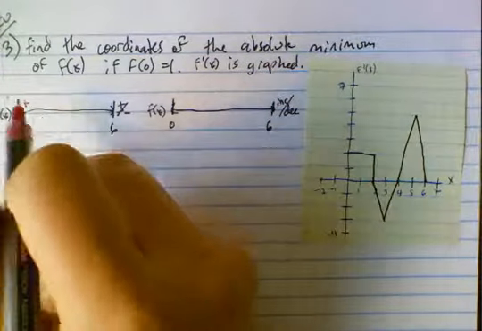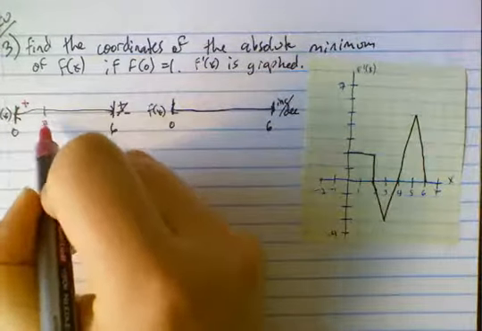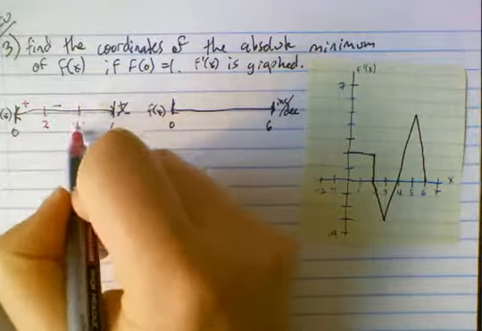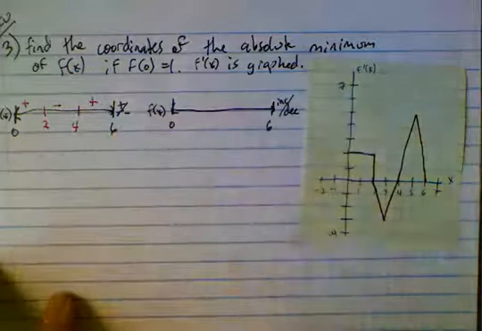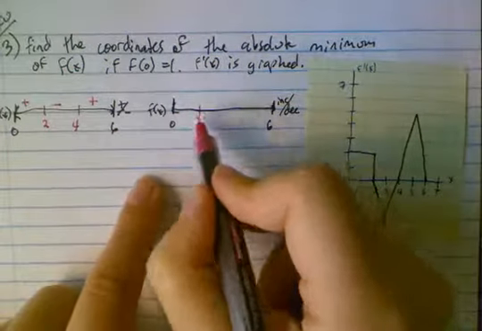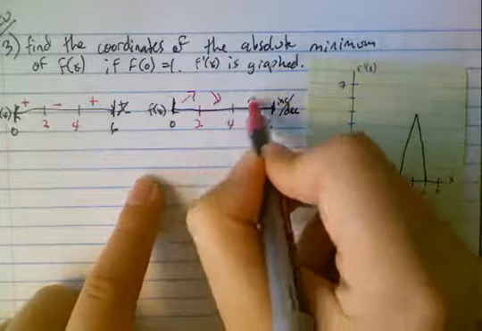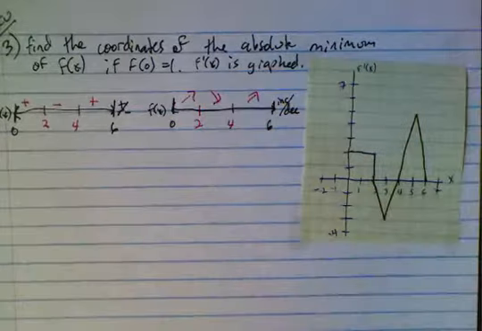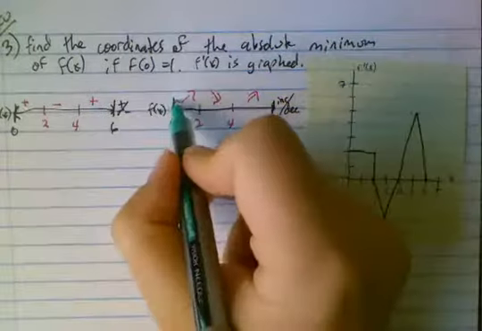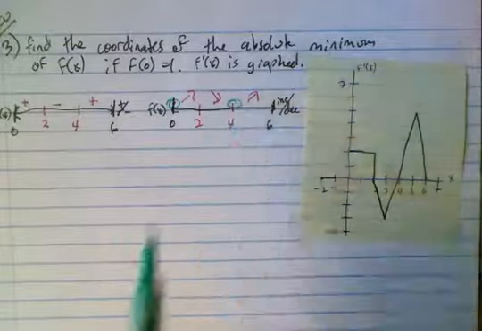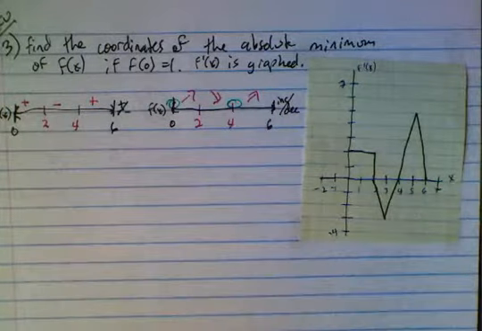So it's positive until x equals 2, then it's negative until x equals 4 and then positive again. So translating to increasing, decreasing. It's right like that. Absolute minimum, so we're interested in this point right here and this point right here. Those are potential absolute minima.